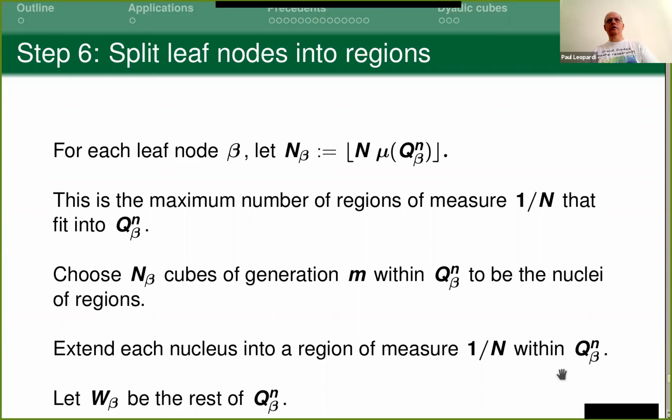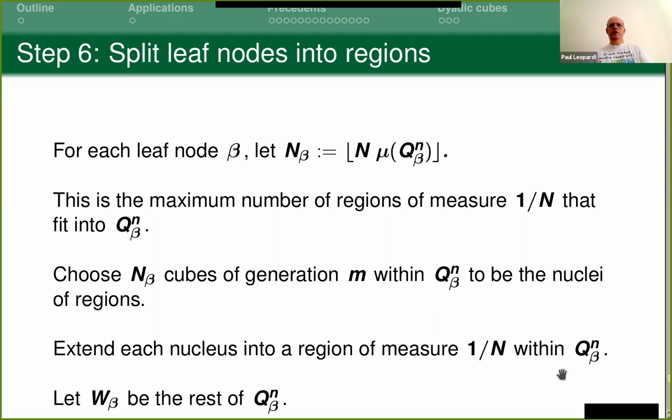Once we've done that, we can then start with those cubes of generation N and then start essentially manipulating our measure, well, not manipulating the measure itself, but manipulating our regions such that we're sweeping measure from the leaf nodes up towards the root.